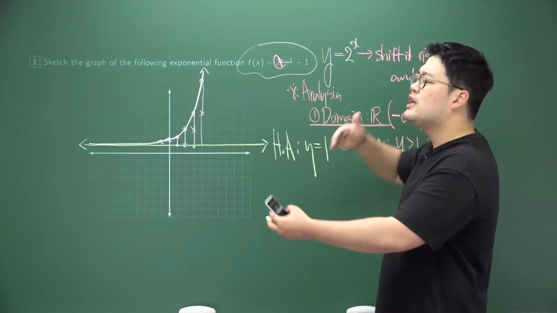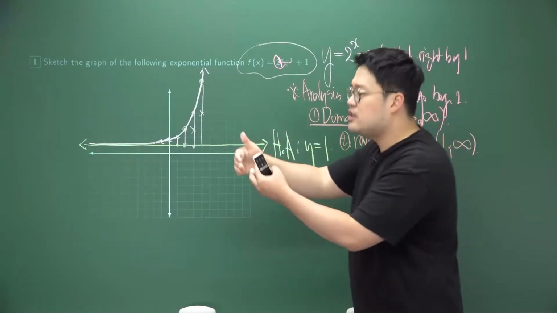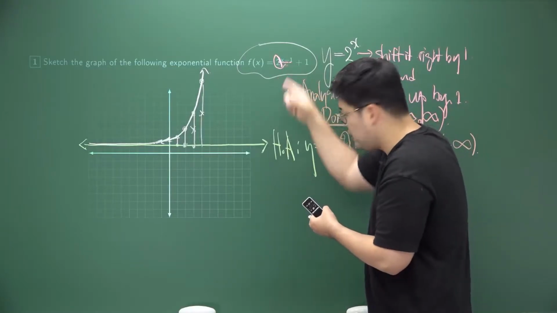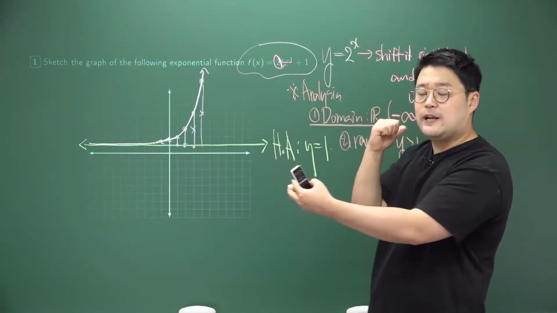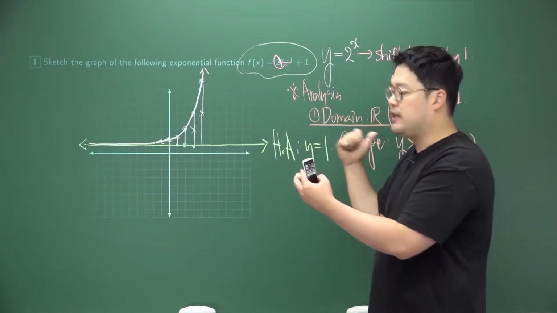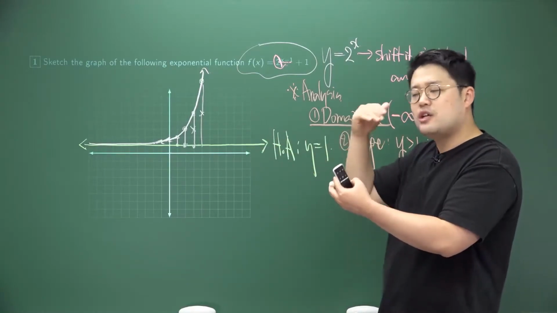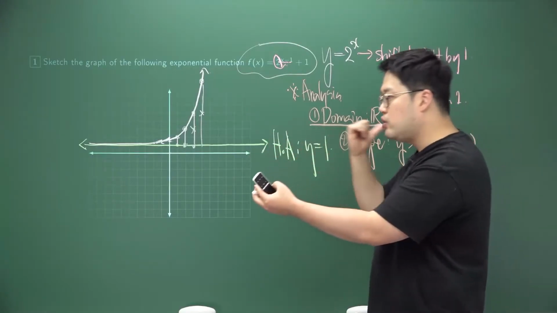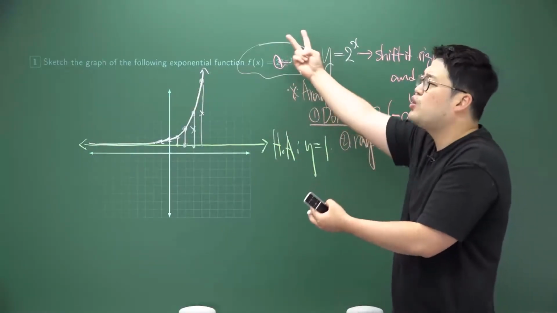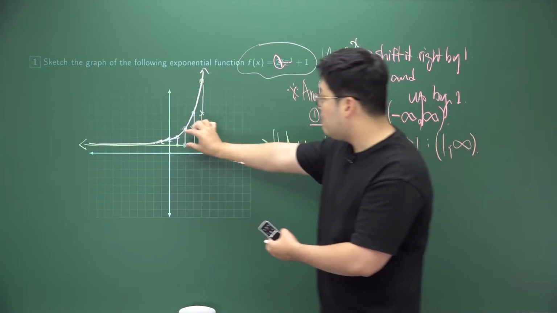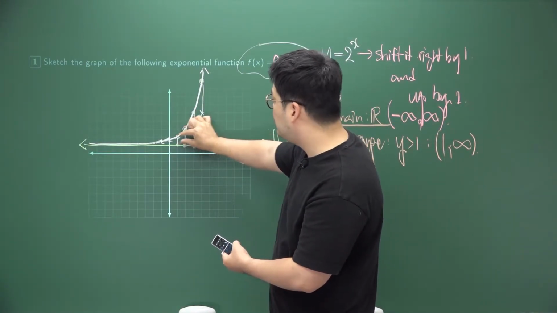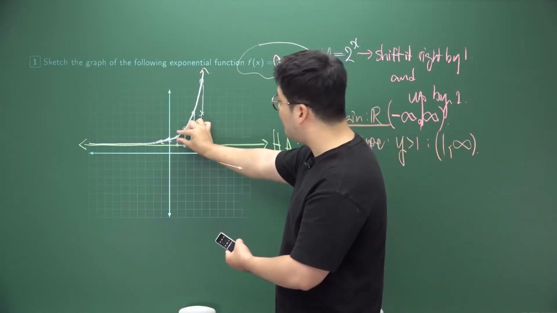As I move 1 unit to the right, it's multiplied by that number. If I go 2 units to the right, I multiply by 2 squared. Imagine that's 1 and that's 4. If I move 3 units, it's going to be 1 and 8.